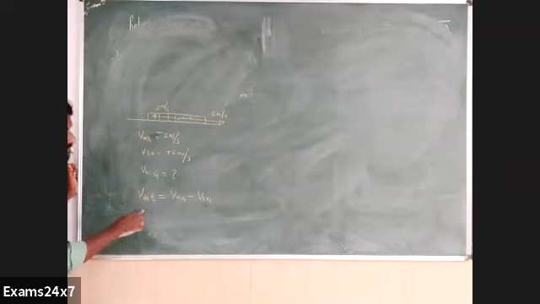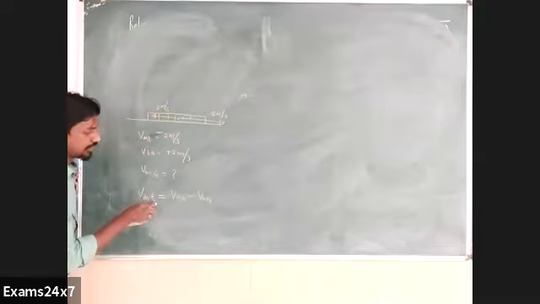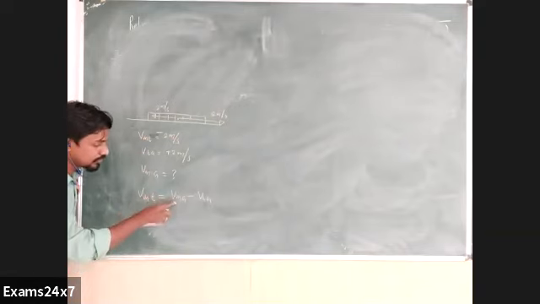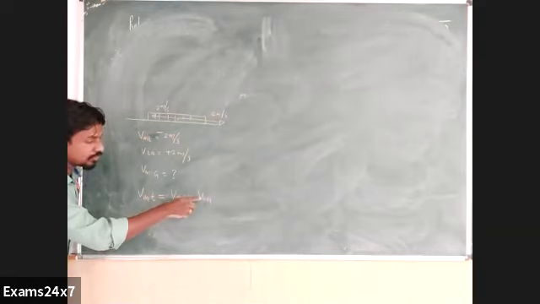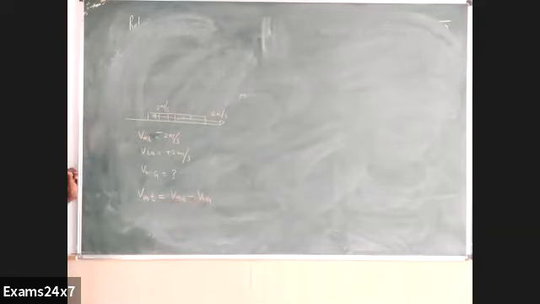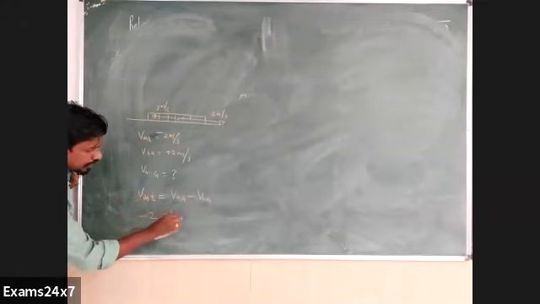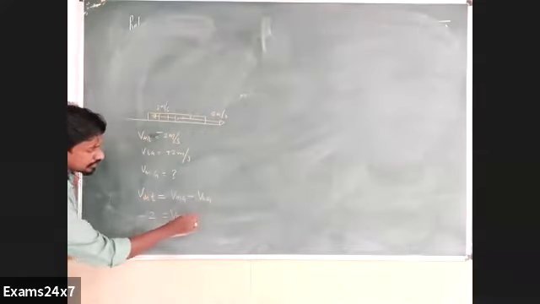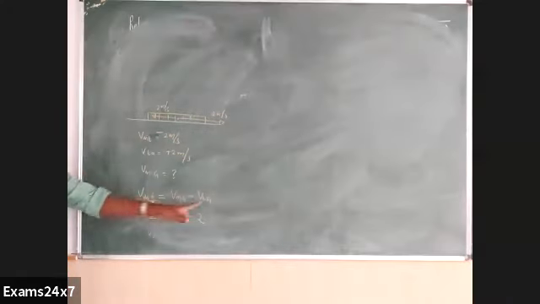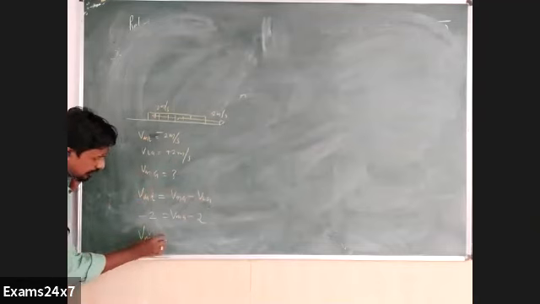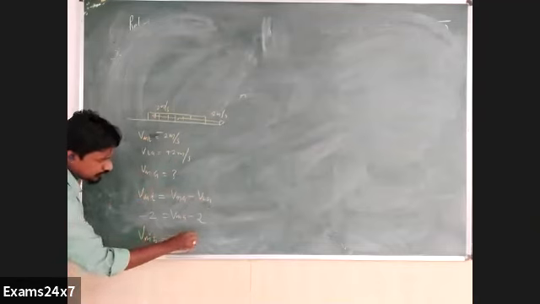Velocity of man with respect to train is minus 2. Velocity of train with respect to ground is plus 2. So velocity of man with respect to ground is minus 2 plus 2, that is 0.